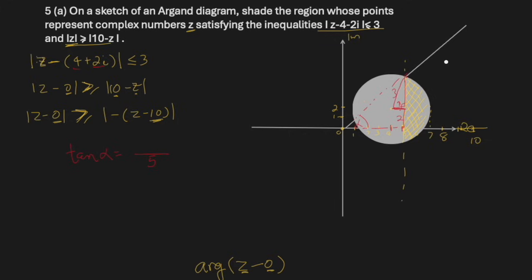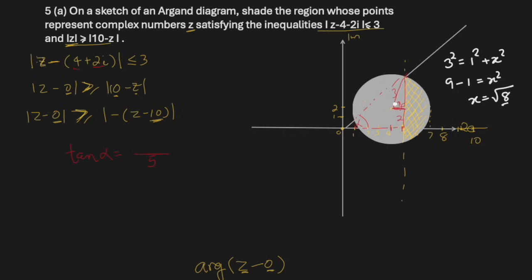So by Pythagorean theorem, 3 squared is equal to 1 squared plus, let's call this one x, x squared. So 3 squared is 9, minus 1, equals x squared. So x comes out to be square root 8. 9 minus 1 is 8, and then we square root it.